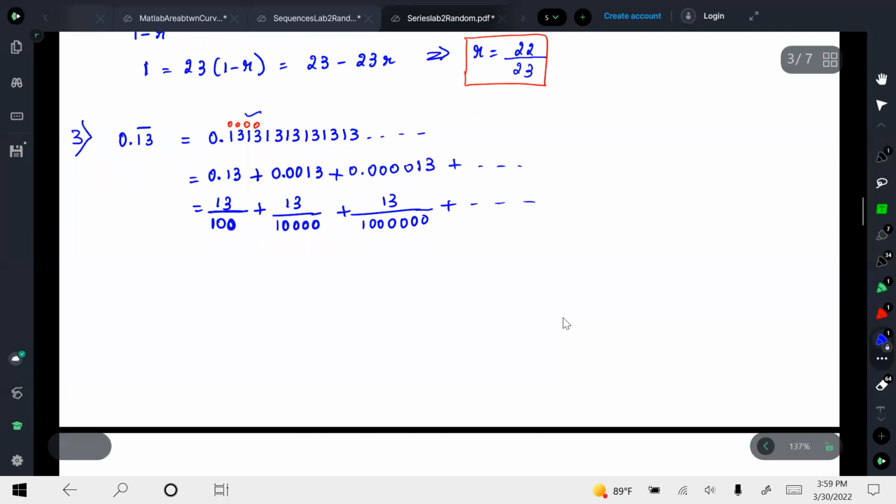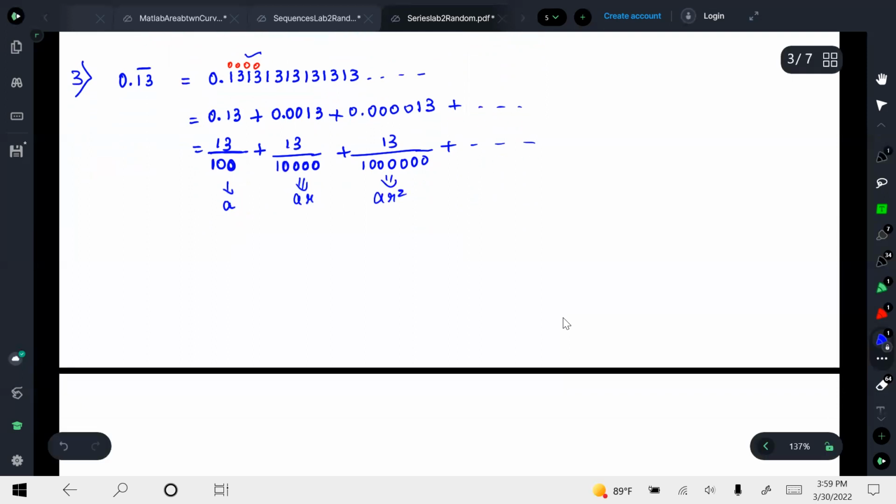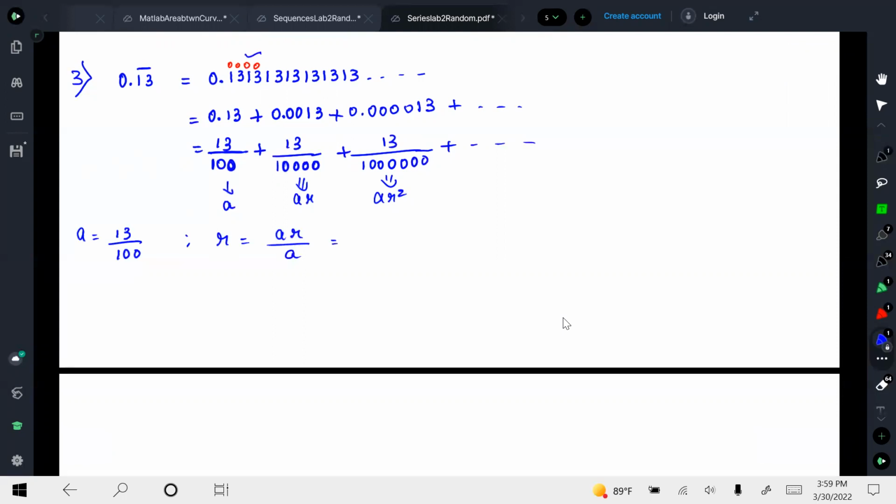Now, we know that this is the first term A, this is the second term AR, and this is AR square. So the first term A is equal to 13 by 100, and the geometric ratio R is given by AR divided by A, the second term divided by the first term.